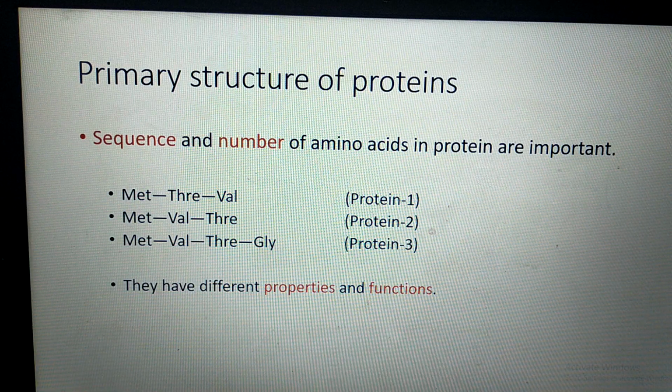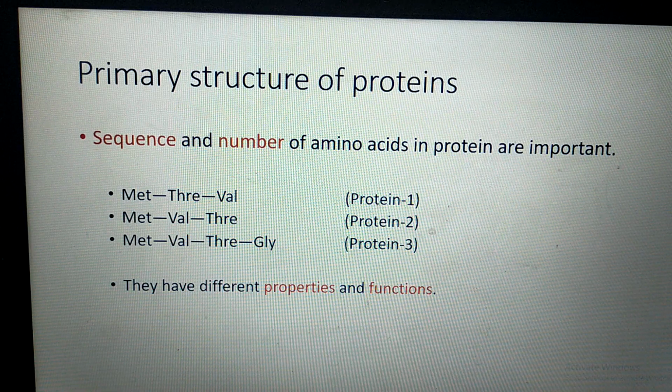Now if you compare protein 2 with protein 3, then we see that the sequence of amino acids up to third amino acid is same, but extra amino acid glycine is present in protein 3. So number of amino acids in protein 3 is more as compared to protein 2. Therefore protein 3 is different from protein 2.